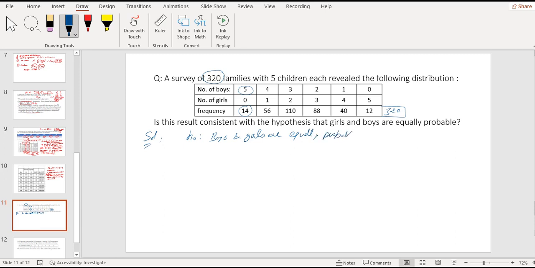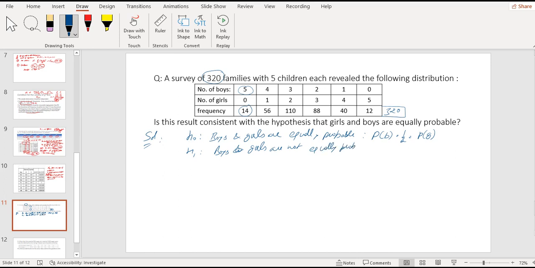What does it mean? It means that the probability that the child is a boy is equal to 1 by 2, and the probability that the child is a girl is also 1 by 2, right? And what about the alternate hypothesis? Boys and girls are not equally probable.